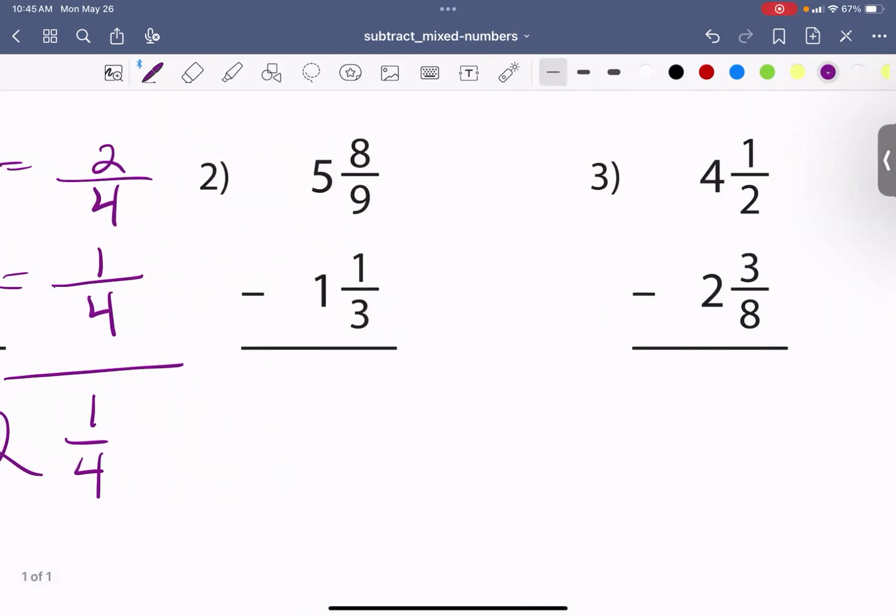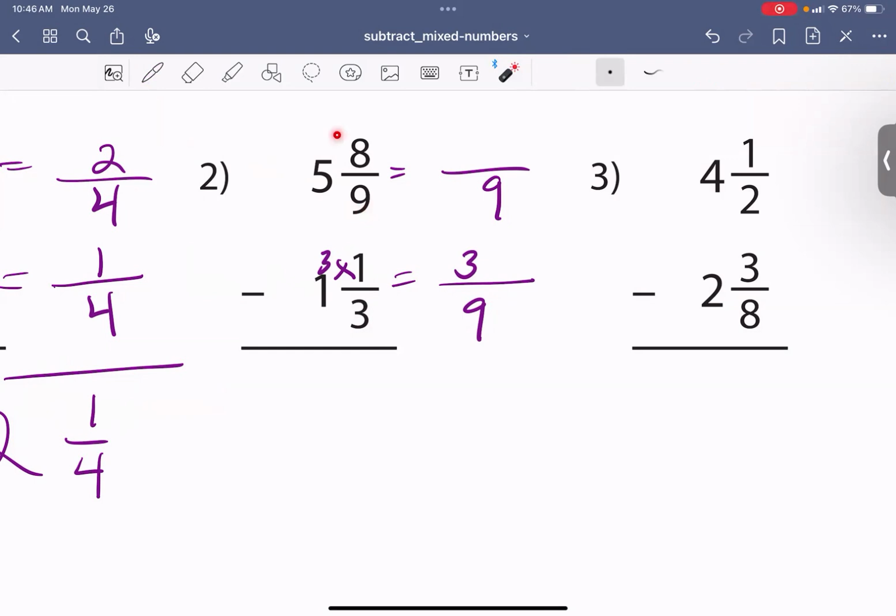Let's look at the next one. We have 5 and 8/9 minus 1 and 1/3. When I find the least common multiple, the new denominator is going to be 9. So now I divide the denominators, then multiply. 9 divided by 3 is 3, not 2. 3 times 1 is 3. 9 divided by 9 is 1.